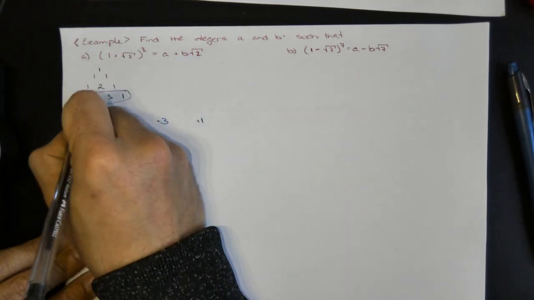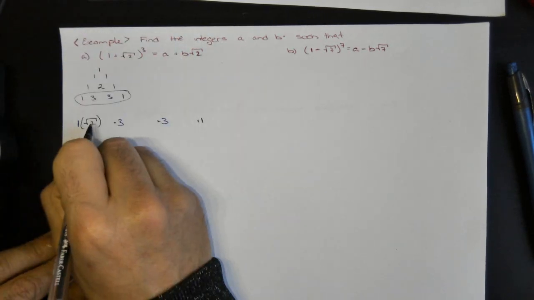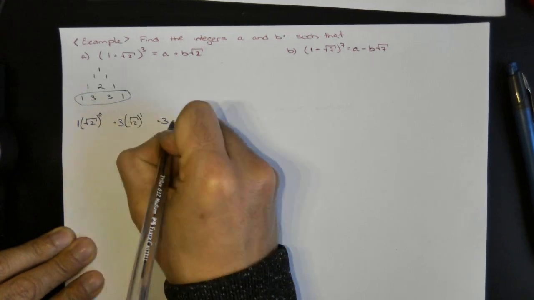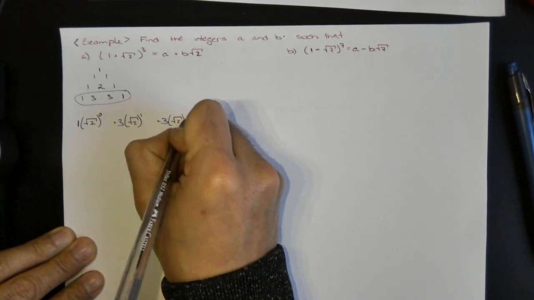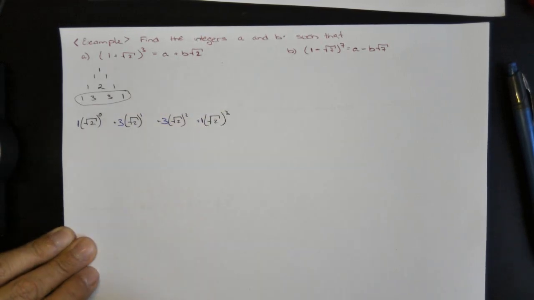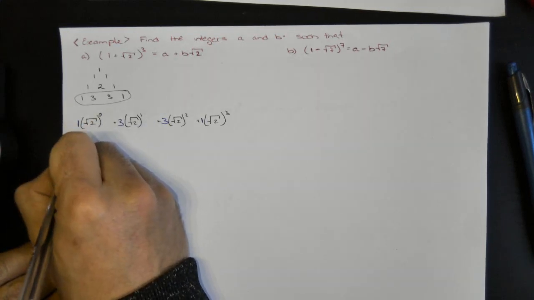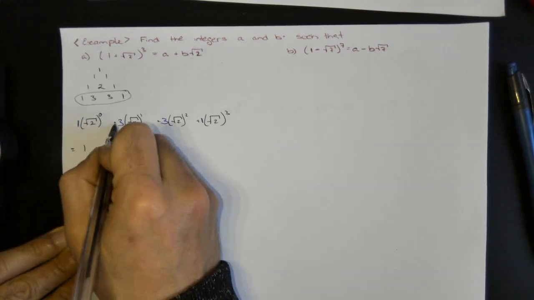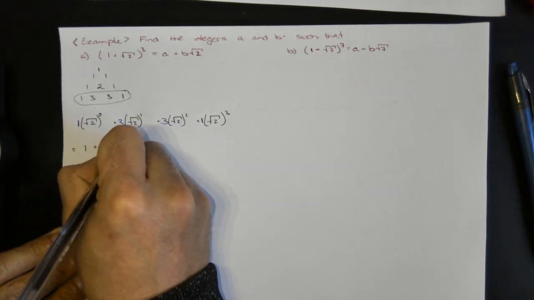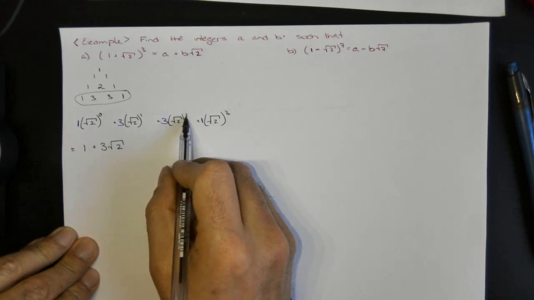Now I have my second term of my binomial, which is square root 2. Okay. So square root 2 to the power of 0 is just 1. That's 3 plus square root 2. Okay, well square root 2 to the power of 2 is just 2.